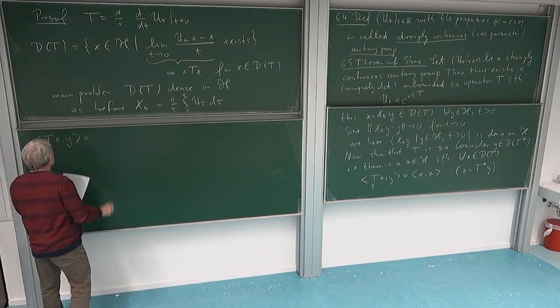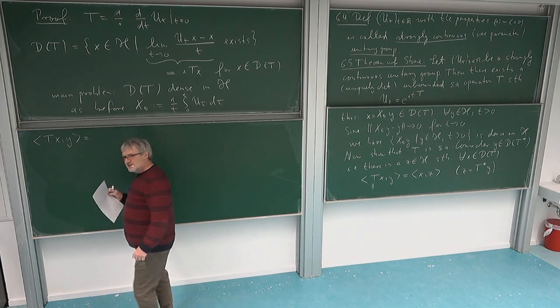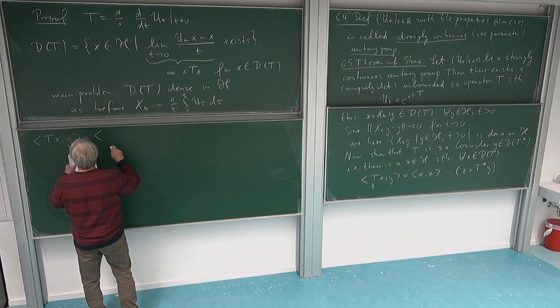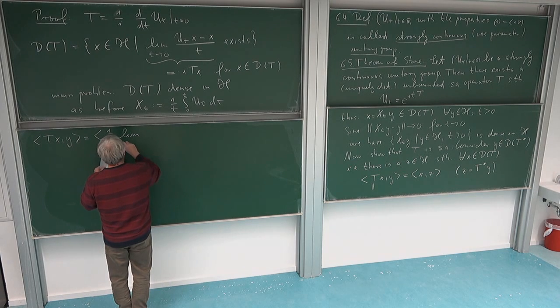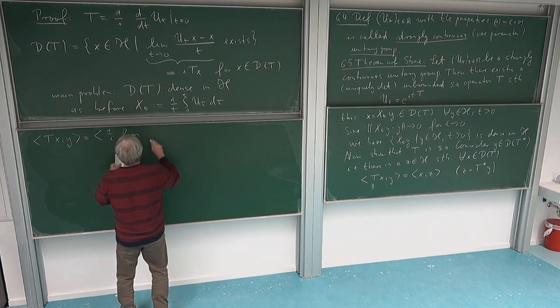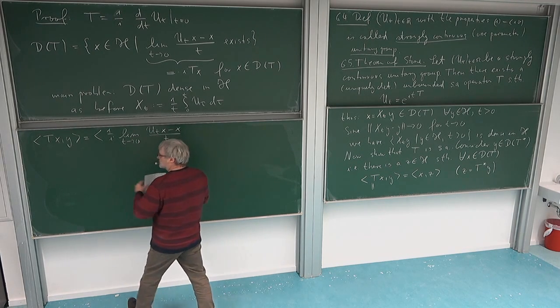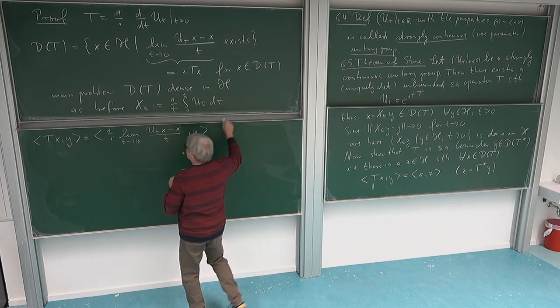I want to work with this, and for this I write down what the T does on the x. x is in the domain, so we know that the corresponding limit exists. So this is 1 over i times the limit t going to 0 of (u_t x minus x) divided by t, that's Tx, and we take the inner product with y.